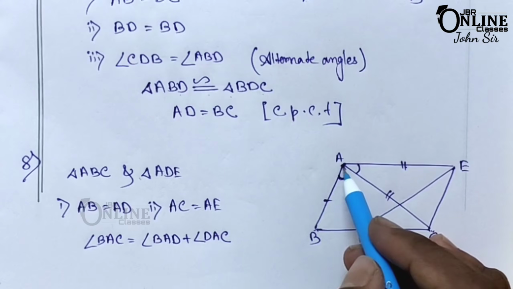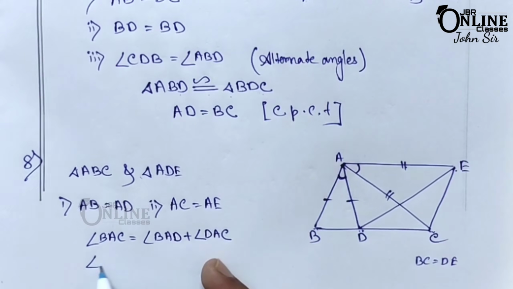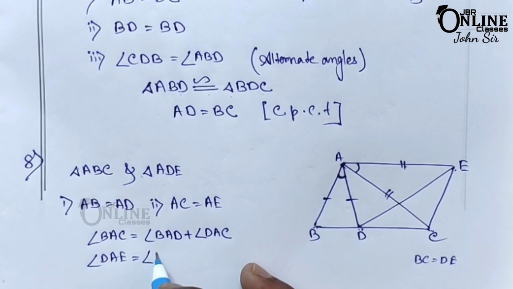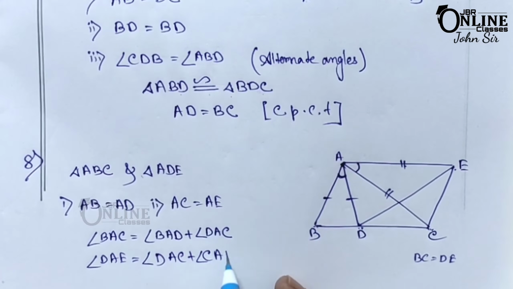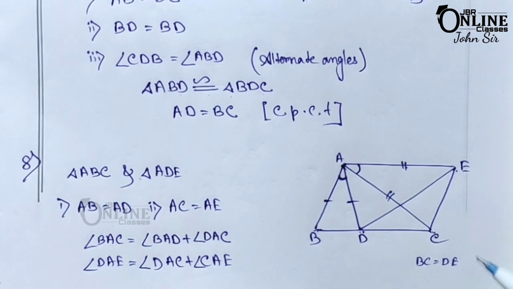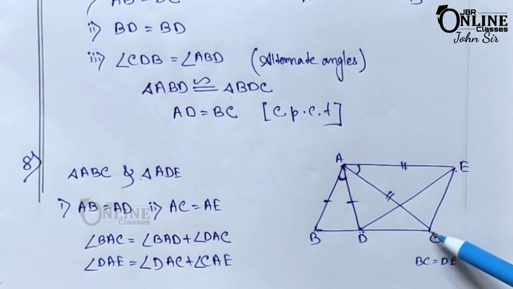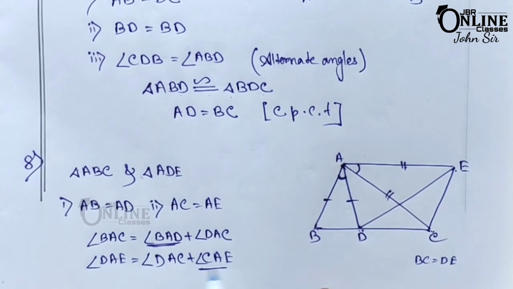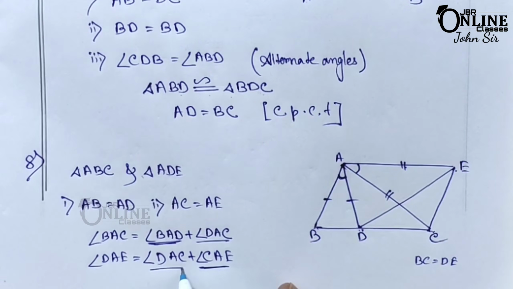And in the triangle ADE, angle DAE means DAC plus CAE. Now here angle BAD equal to CAE, it's given, and DAC is the same.